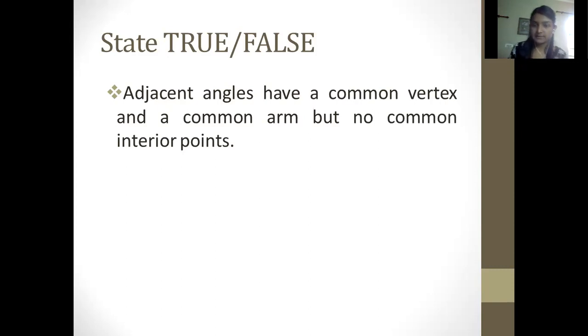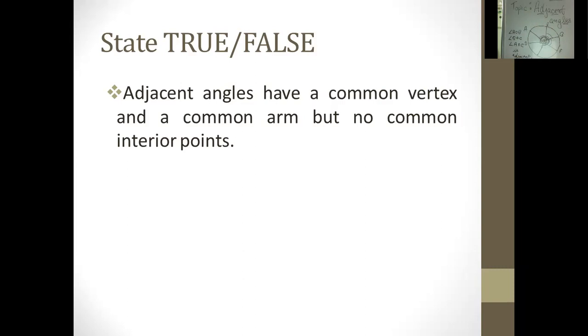They are saying that they have common vertices, common corners, and common arms also. If I ask you to compare EOB with BOF, they have a common arm here, isn't it? So these two conditions fit, but there are no common interior points.